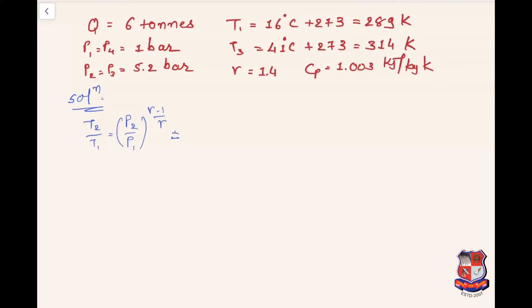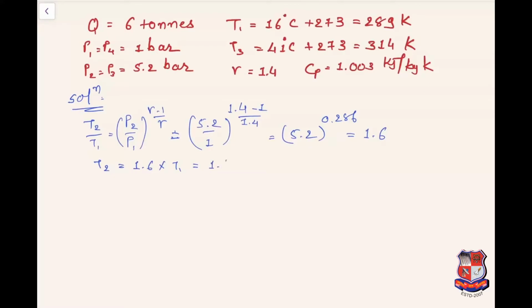So that is equal to 5.2 by 1 raised to 1.4 minus 1 divided by 1.4, that is equal to 5.2 raised to 0.286, and that is equal to 1.6. So from that we can find out T2, and that is 1.6 into T1, and that is equal to 1.6 into 289, so 462.4 Kelvin.